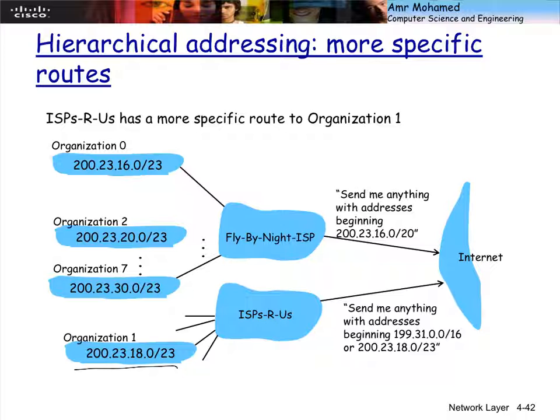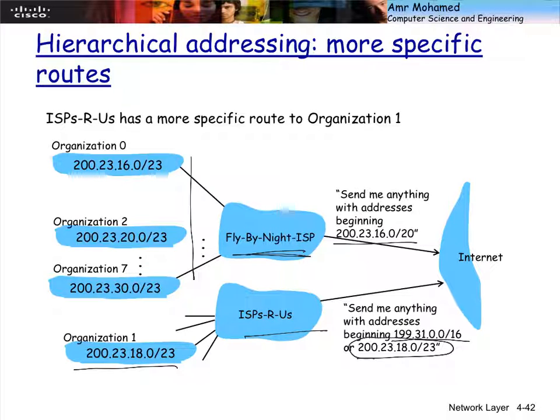So if I have an organization, like organization 1, which moved here, they can maintain their own address allocation. Now this service provider is going to announce the route which is common for all these networks, and it will also announce the old one in addition to this one.